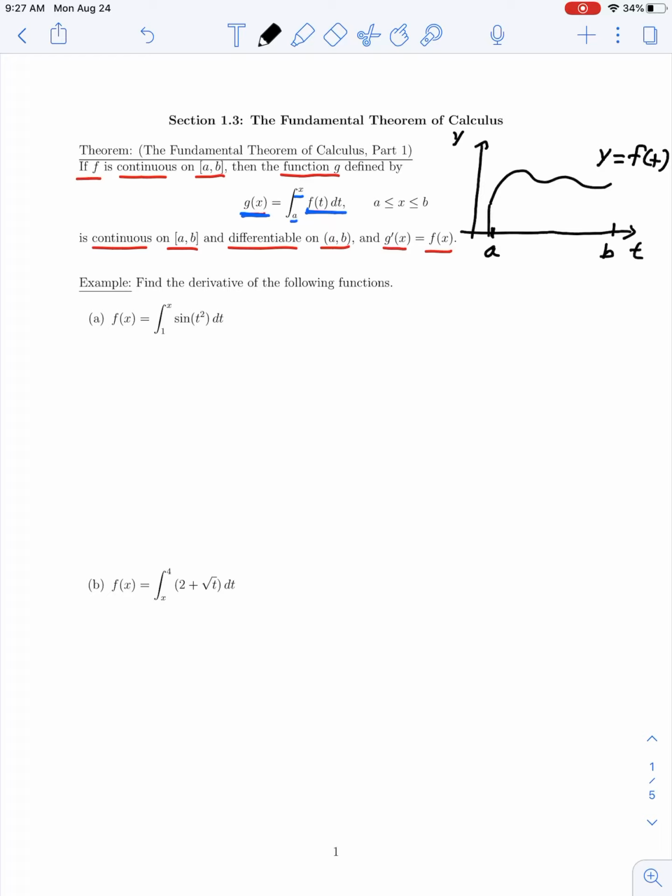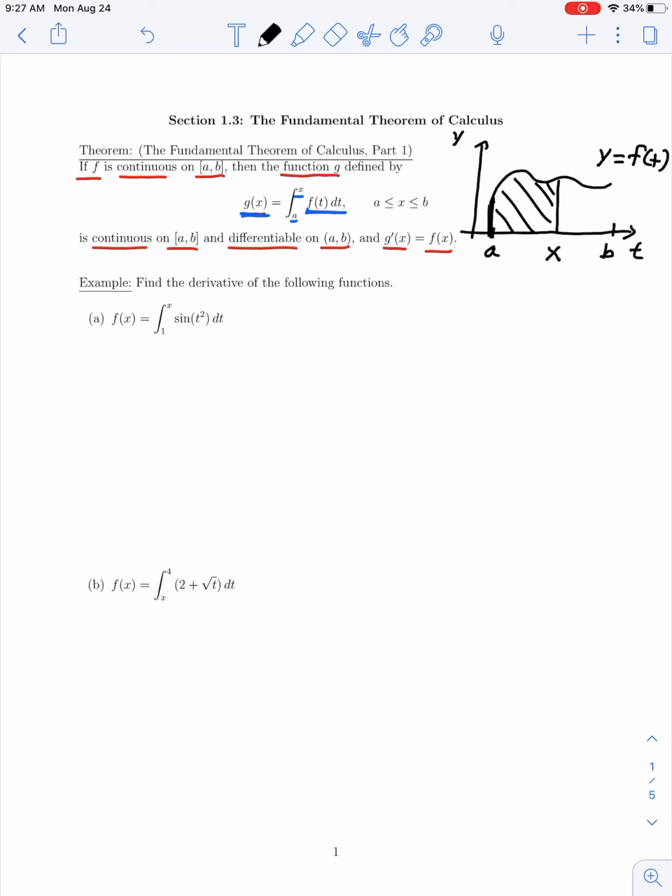So the function g of x, which is the definite integral of this f of t function from t equals a up till t equals x, represents the area under the graph of the function f of t over the interval from a to x.